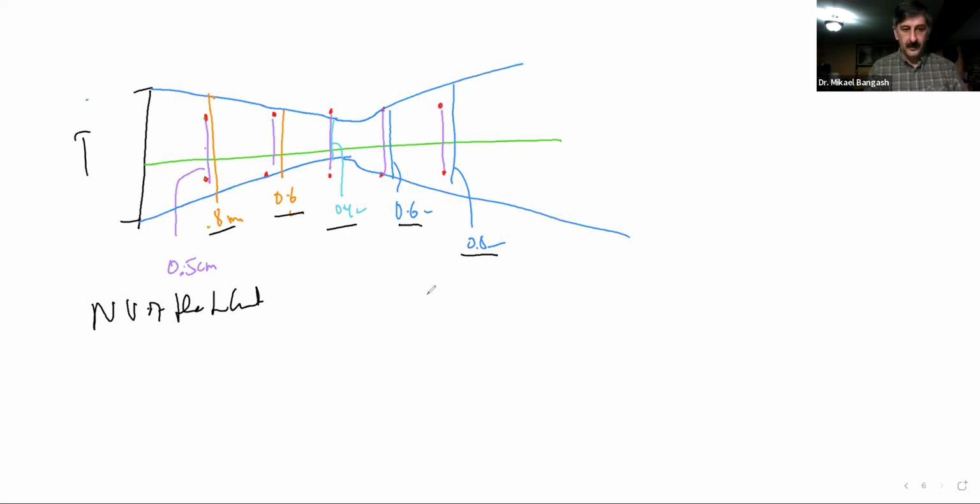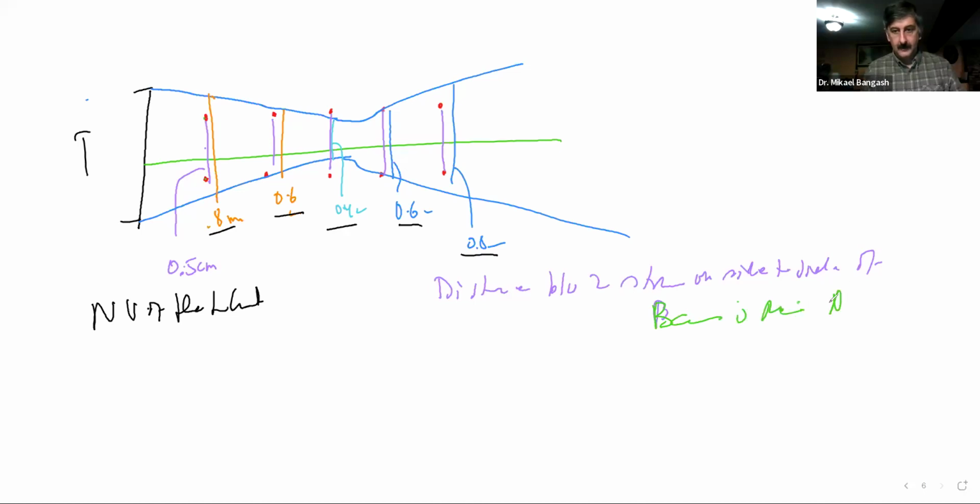But this was going to be the distance between two structures side to side of the beam's main axis.